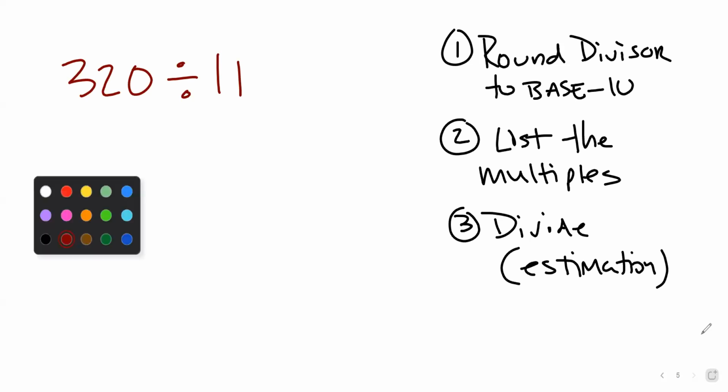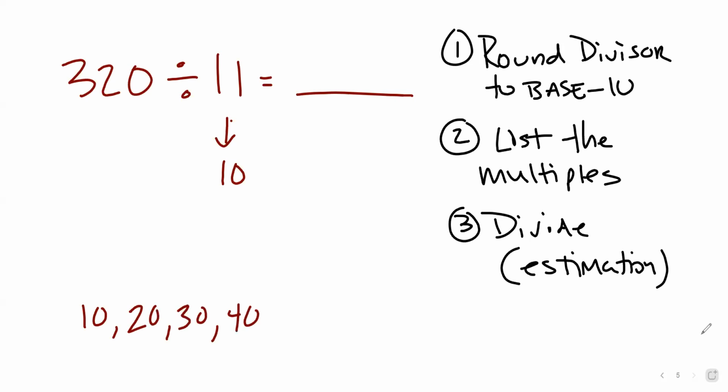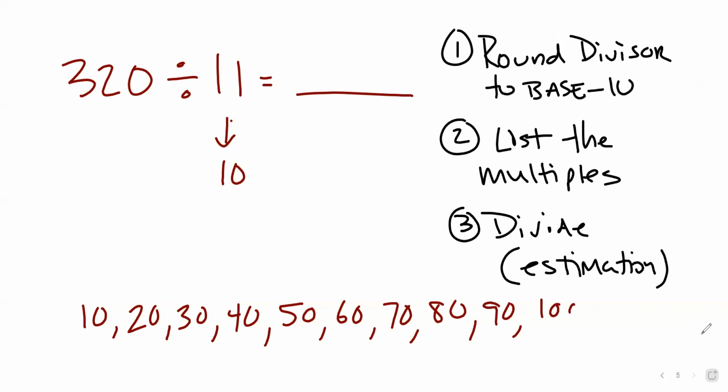Okay, well, this one I'm already thinking more, and this is again where you just start to really play around. So there's 2 options to this one, which I kind of laugh at already picking this as the second. If I round to a base 10, I guess the first thing I can do is round to 10. And then I list my multiples of 10: 20, 30, 40, 50, 60, 70, 80, 90, 100.